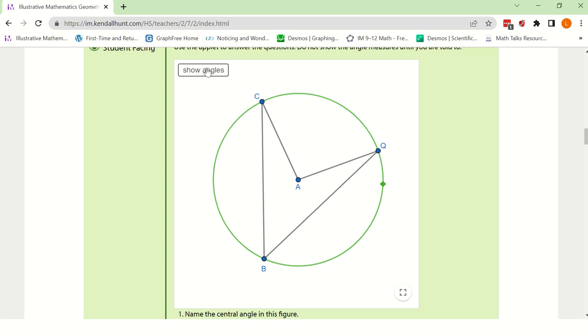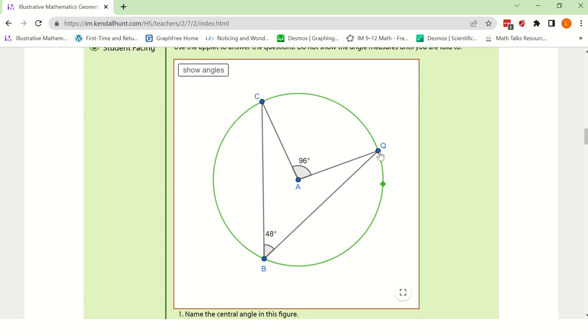This central angle is telling me that C to Q is 96 degrees. Notice that my inscribed angle, the one that does not go to the center, appears to be 1/2 the measure of our central angle.